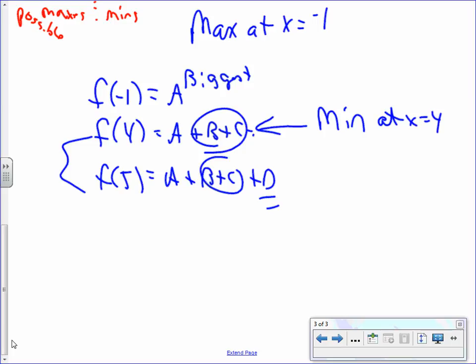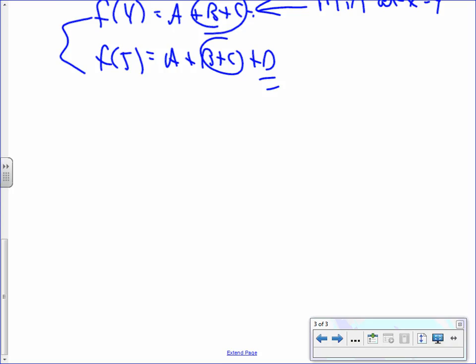All right, question C. Read it. What is it asking for? First of all, it gives me a new function, yes?